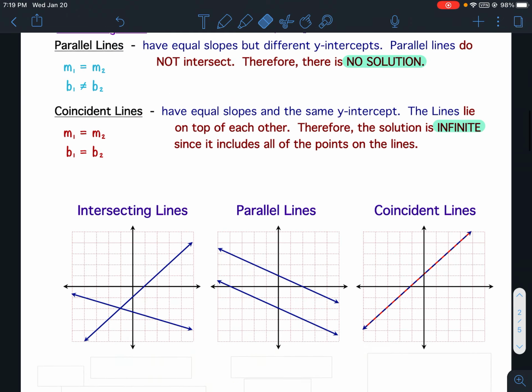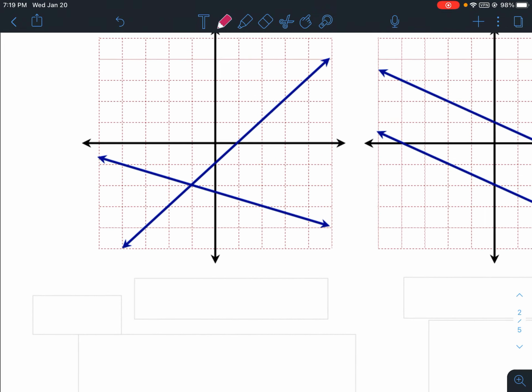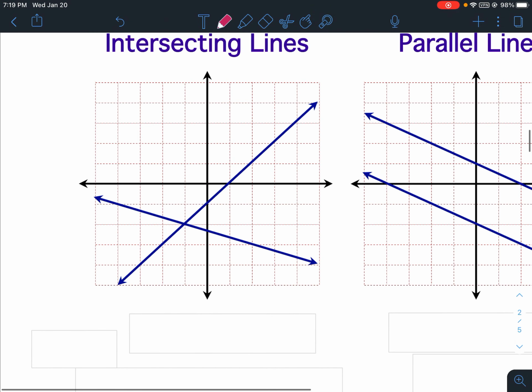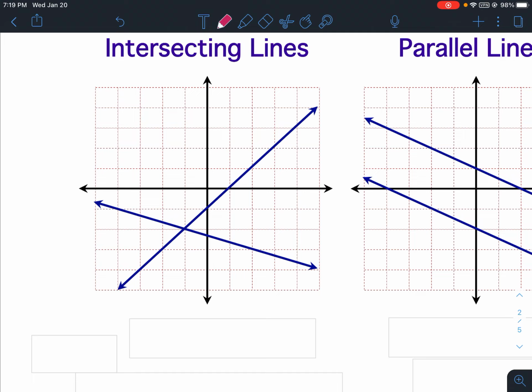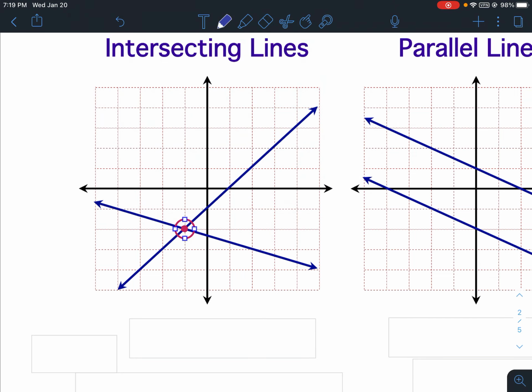All right, so let's look at what these would look like on the graph. Here are intersecting lines. These two lines intersect at this point right here. So put a point there, circle it. That point is the solution.